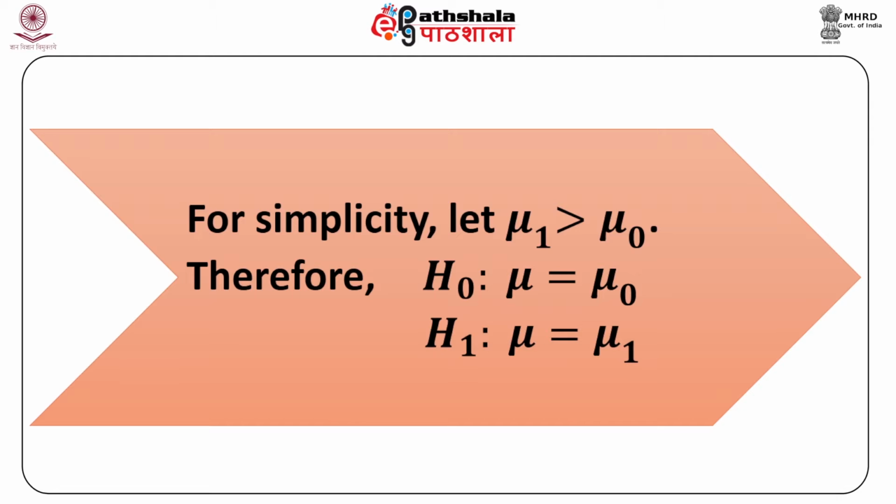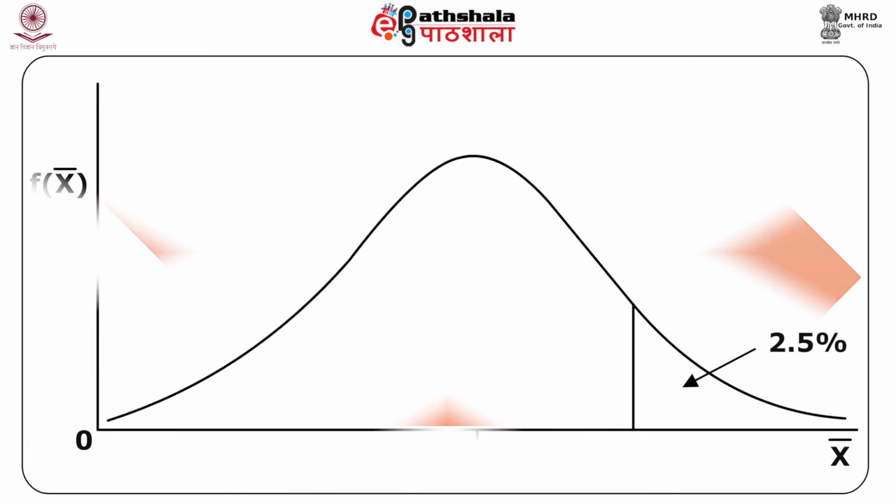At 5% level of significance, if x bar lies in the upper or lower 2.5% tail, we reject the null hypothesis. Now, given the assumption, x bar should lie in the upper tail, and this would also be compatible with the alternative hypothesis if it is true.